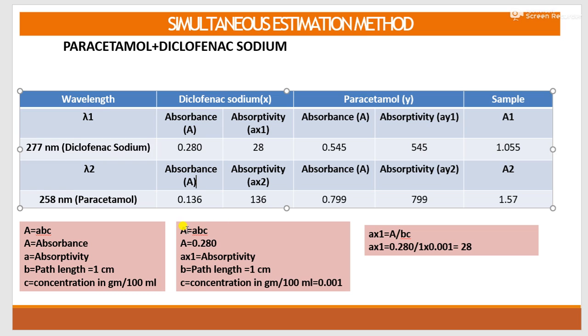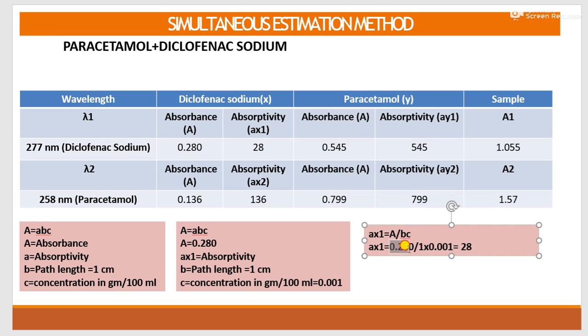How will you calculate absorptivity? The formula is A equals a b c, where A is absorbance, small a is absorptivity, b is the path length which is 1, and c is the concentration in gram per 100 ml. Let us take one example. Suppose diclofenac sodium X gives a reading of 0.280 at lambda 1. As A equals a b c, small a equals capital A divided by b c.